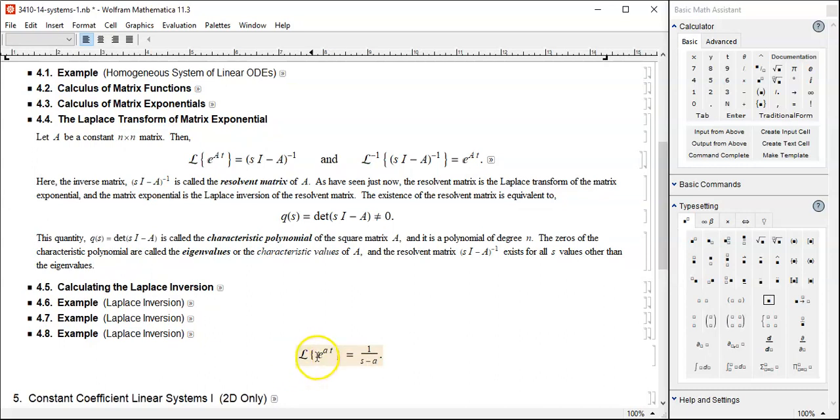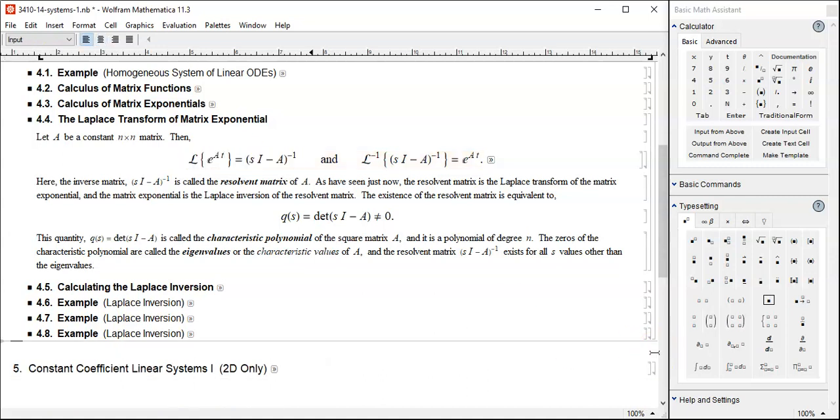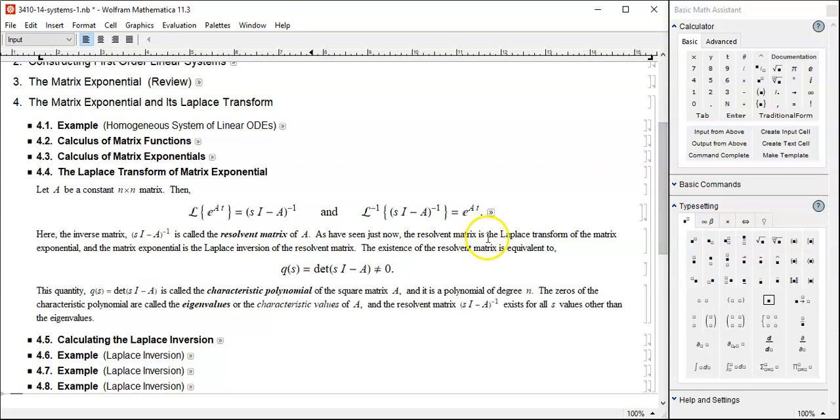The Laplace transform of e to the at, where a is the eigenvalue, gives s minus a in the denominator, so this whole thing is invalid. The only case that thing is invalid is the eigenvalue case. And this evolved into that expression for matrices, and that corresponds to eigenvalues. So theoretically they are related, and that's where I'm going to stop. I don't want to go too deeply into that.